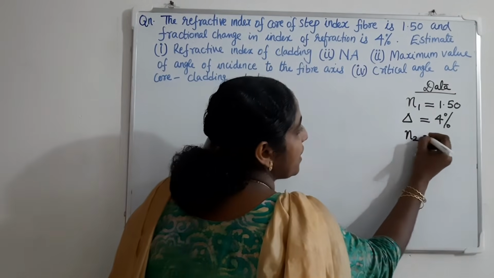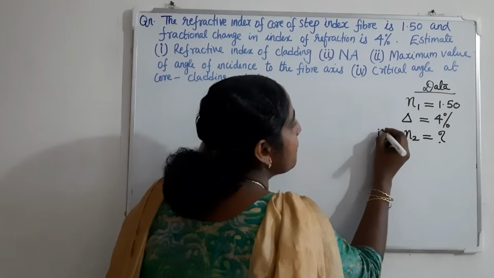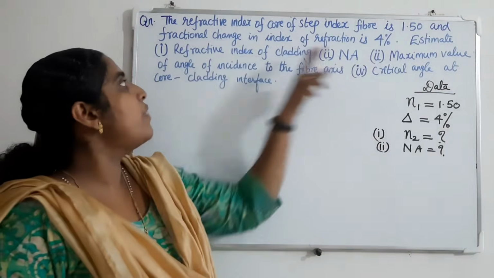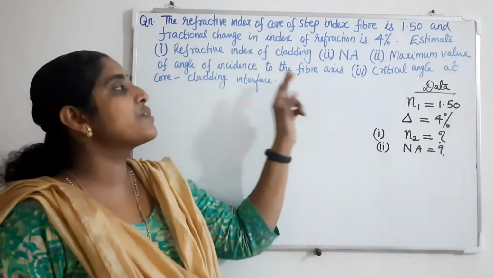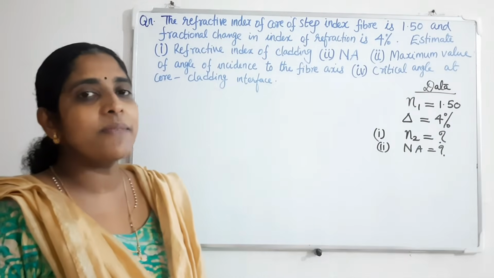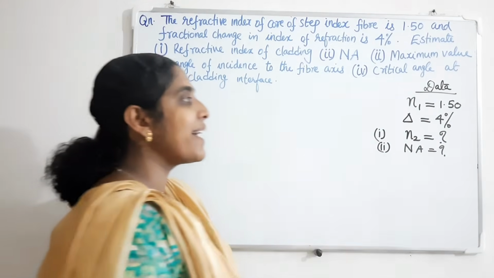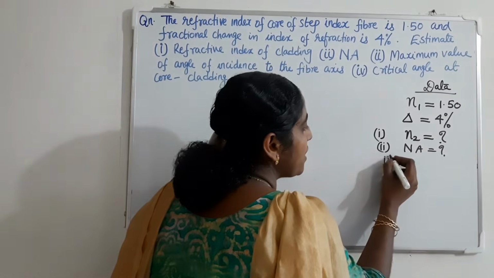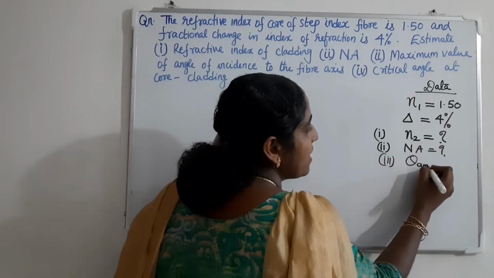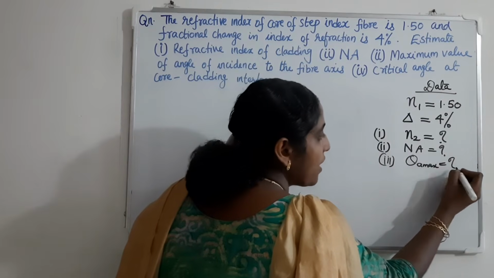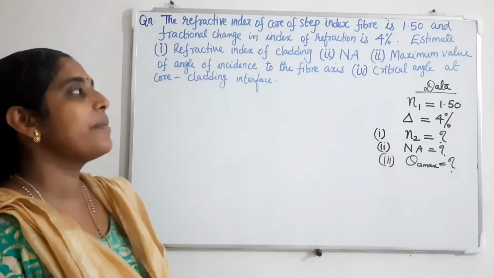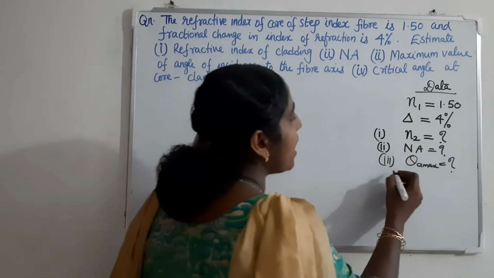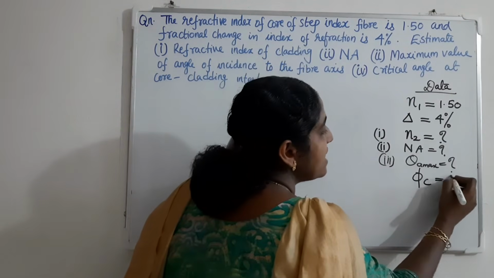So first we want to find out N2, then numerical aperture, then maximum value of angle of incidence to the fiber axis. What is the maximum value of angle of incidence to the fiber axis? That is the acceptance angle. So the third we want to find out acceptance angle, that is the maximum value of the angle of incidence at the core to the fiber axis. The fourth, critical angle at the core cladding interface, that is phi C.